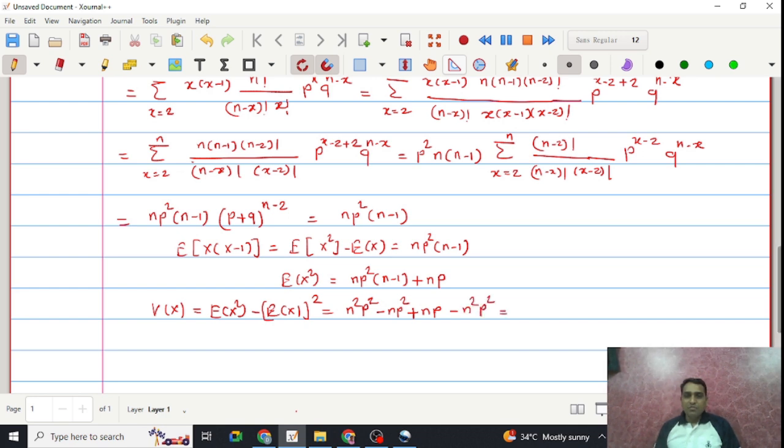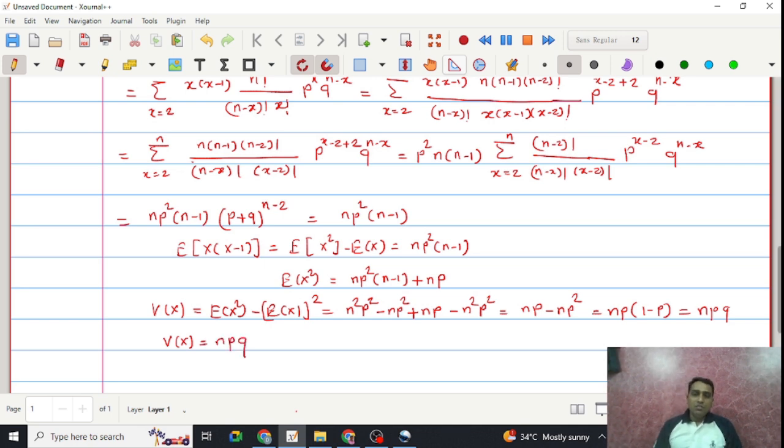So the n square p square gets cancelled, leaving np minus np square, and if you take np common, what is remaining is 1 minus p. 1 minus p is q, so npq. Variance of x is npq.